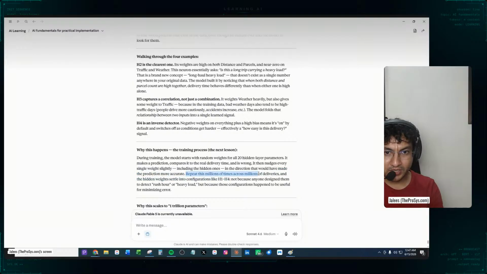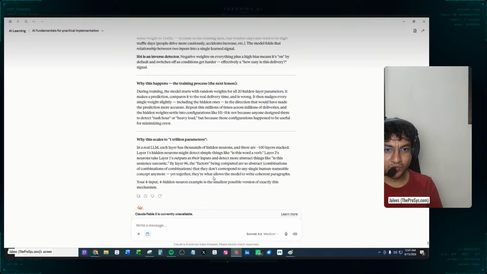Repeat this millions of times across millions of deliveries, and the hidden weights settle into configurations like H1, H4, not because anyone designed them to detect rush hour or heavy load, but because those configurations happen to be useful for minimizing error.